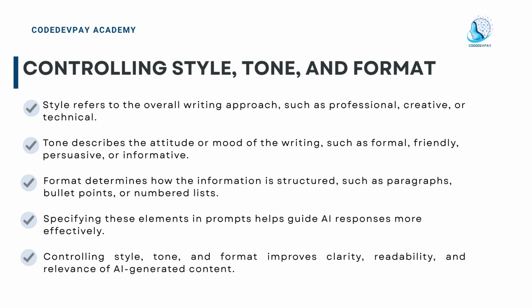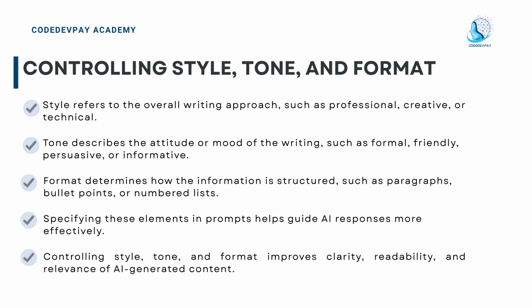All right. So let's look at how we can control the style, tone, and format of an AI output. When using a generative AI for writing, a key skill is to learn how to control the outputs. AI can produce different responses depending on the instructions provided in the prompt.